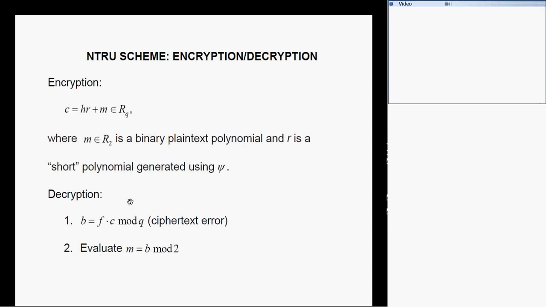C is the ciphertext and B is the ciphertext error. I went too far, so I just want to make sure that we differentiate between those. So C is the ciphertext polynomial, B is the ciphertext error. I went one step ahead. So we have the ciphertext. We multiply the ciphertext polynomial by the private key polynomial F. And this is performed modulo Q. So this is the ciphertext error.